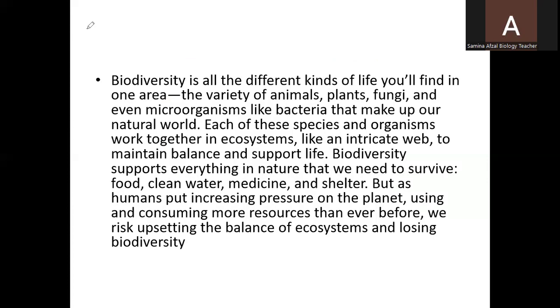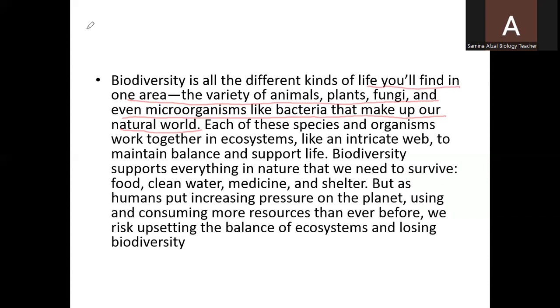Biodiversity is all the different kinds of life you will find in one area: the variety of animals, plants, fungi, and even microorganisms like bacteria that make up our natural world. As you know, life starts with the producers and then consumers and then decomposers.